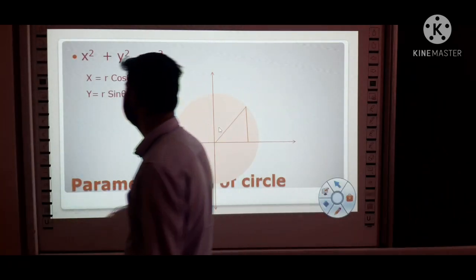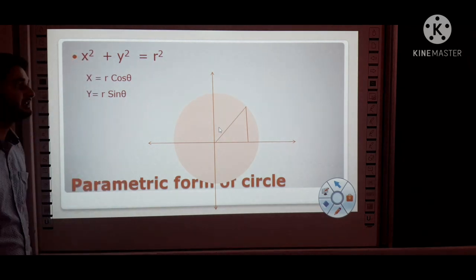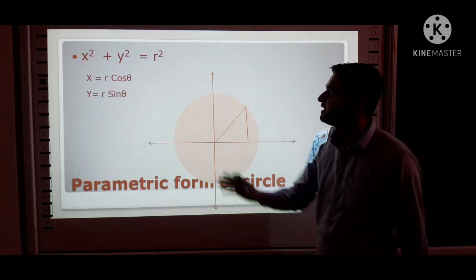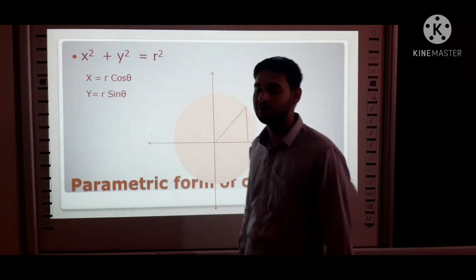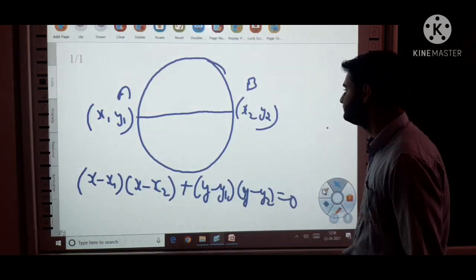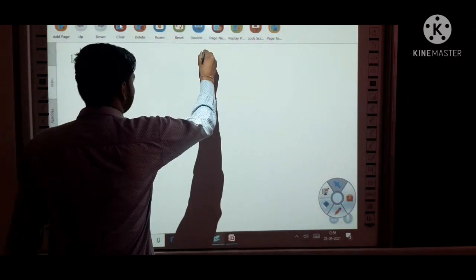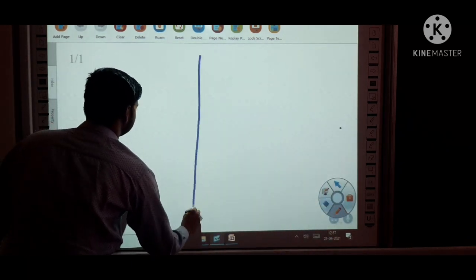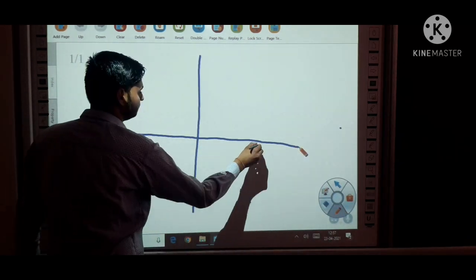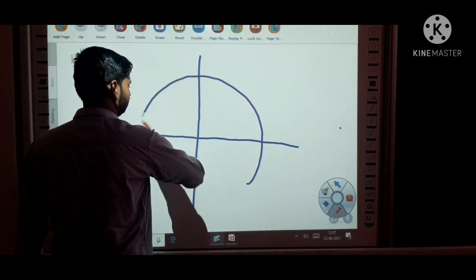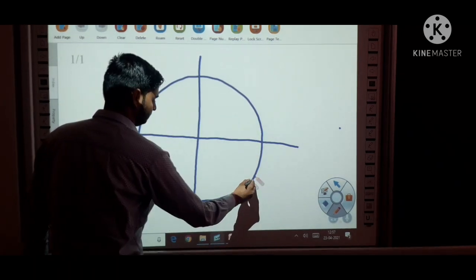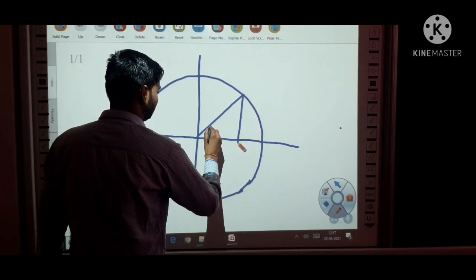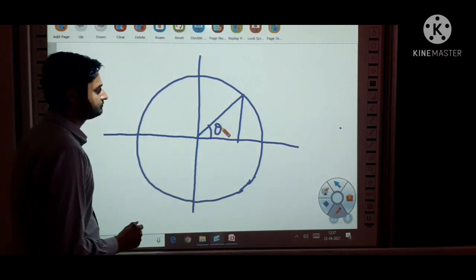Now come to the next point, parametric form of circle. So what is the parametric form of circle? The parametric form of circle is x square plus y square is equal to r square. Take this example. This is the angle theta.